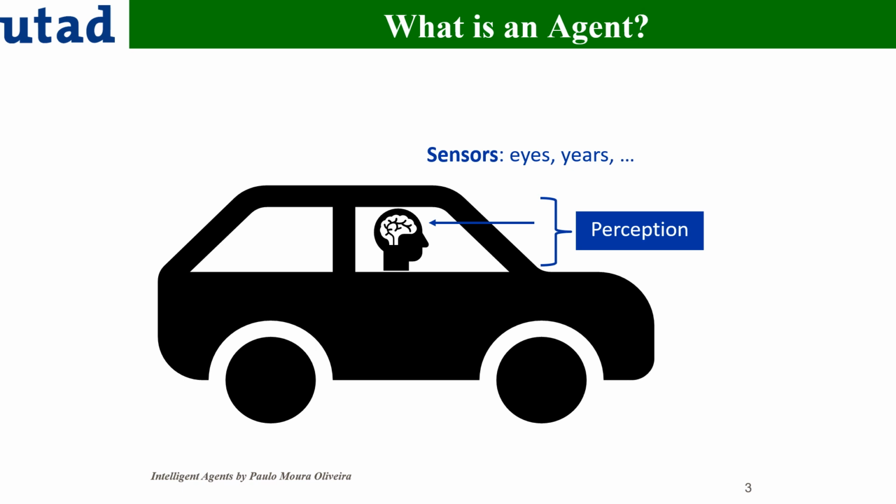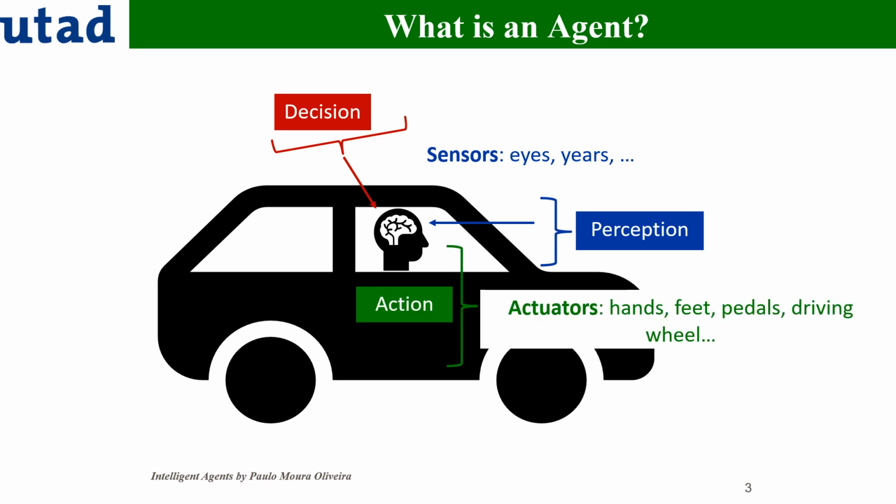Based on this information, the driver makes a perception, and then makes a decision about the action to take, and gives orders to the actuators. You can use your hands, your feet, the pedals, the driving wheel, etc.